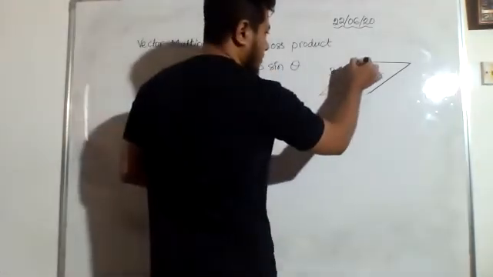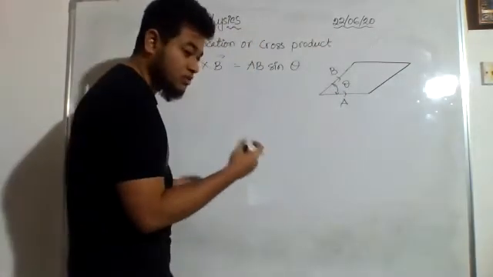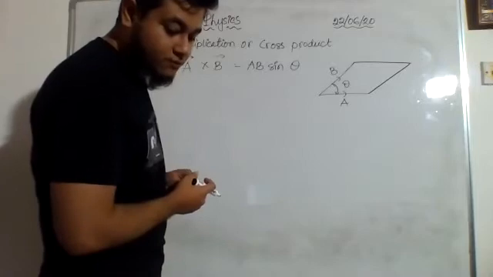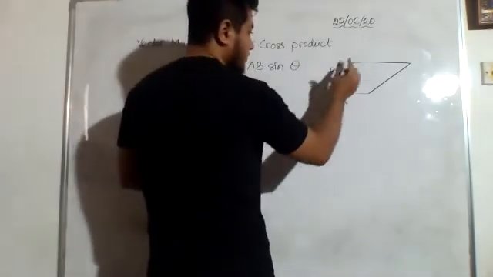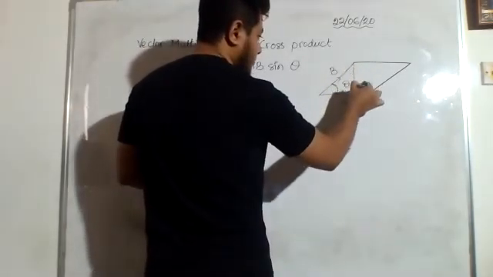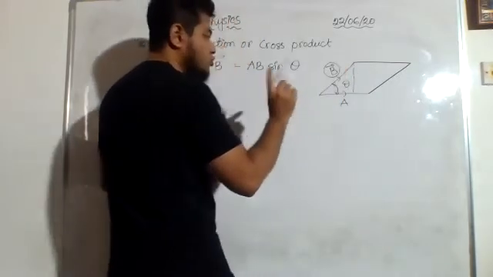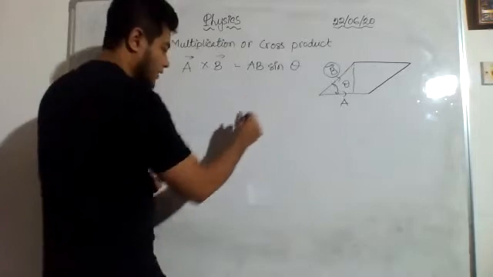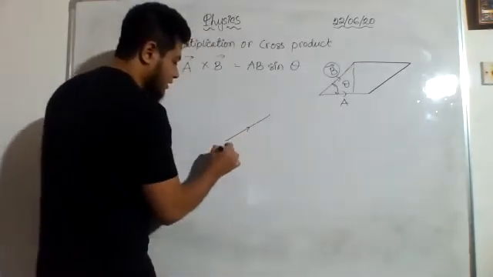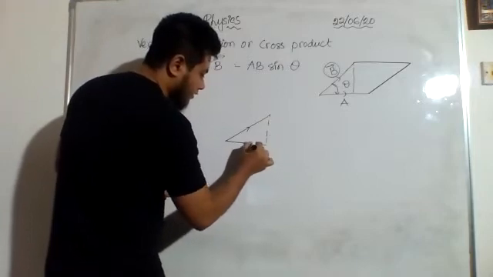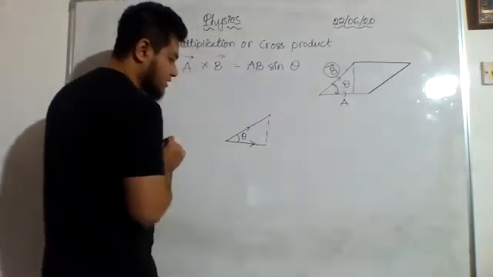Now, if you remember, we already got to know about the resolution of vector, right? So, if I break down this B vector into two perpendicular components, I will draw this B vector here again into two perpendicular components. One is along the x-axis, with which it is making theta angle.